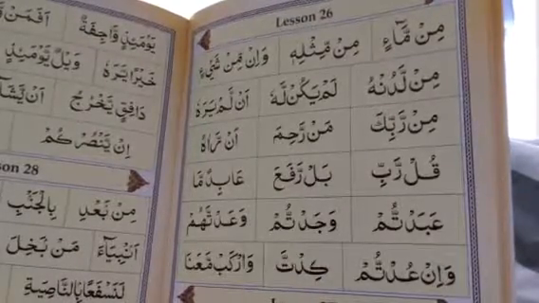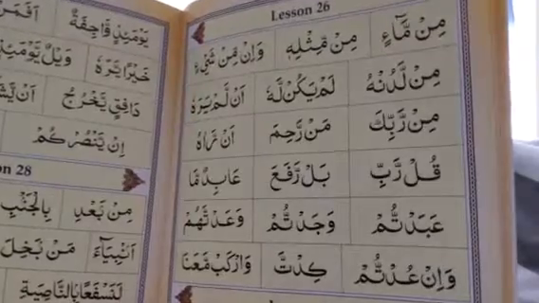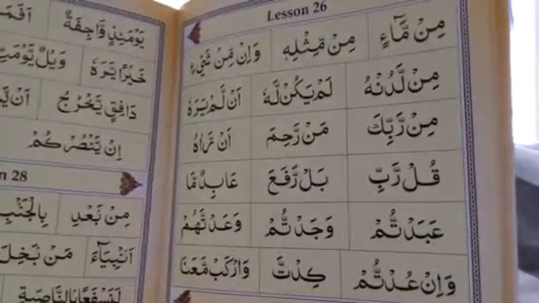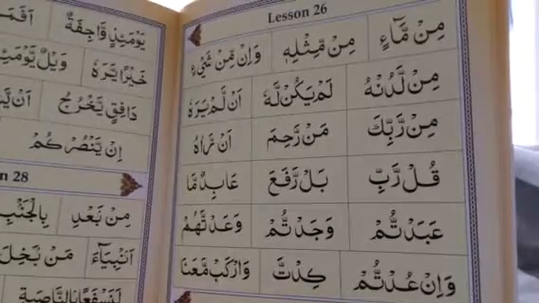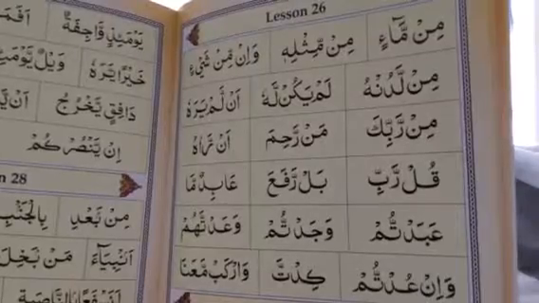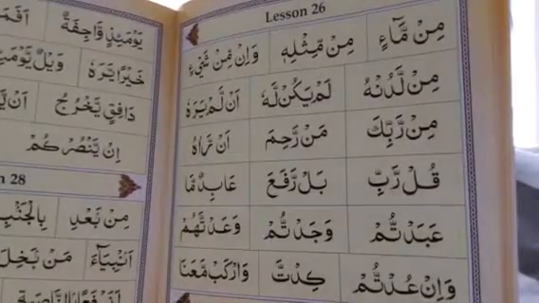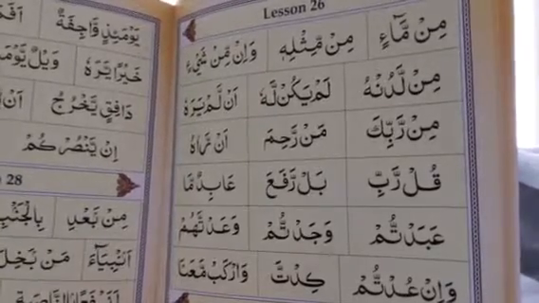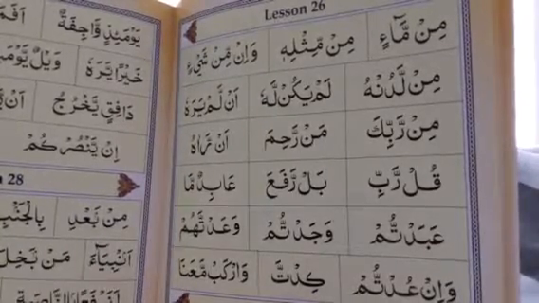Mimma in, and we also try to remember the long madd sign that is on top of the alif. So it means we have to do 5 units elongation. Mimma in, mimmithlihi.